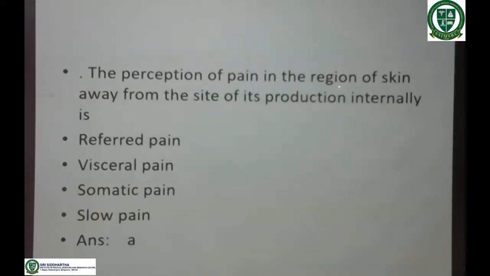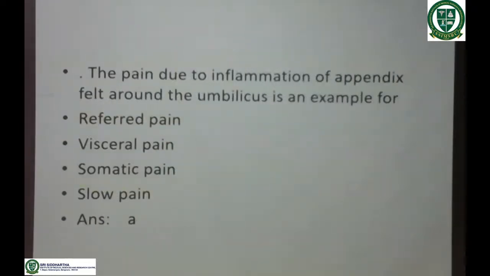The perception of pain in the region of the skin away from the site of its production internally is: referred pain, visceral pain, somatic pain, slow pain. Answer is referred pain. Example, as we have taken in the class, cardiac pain which refers to the medial side of the left upper arm is referred pain.